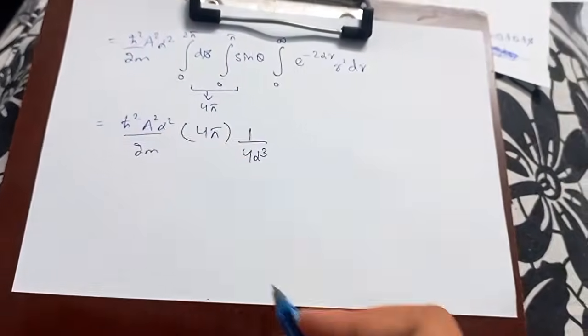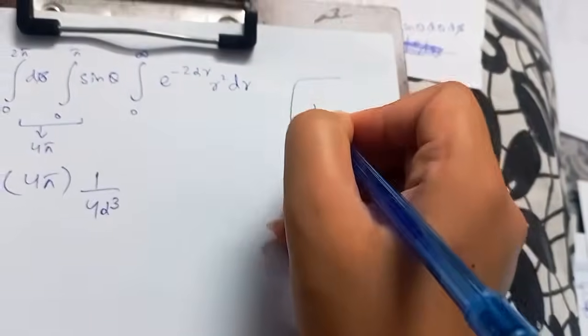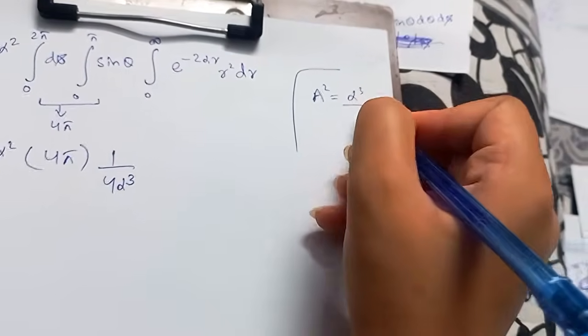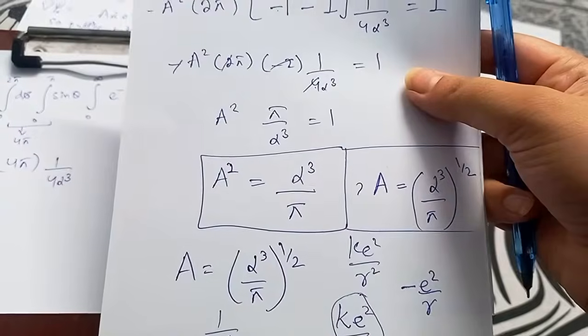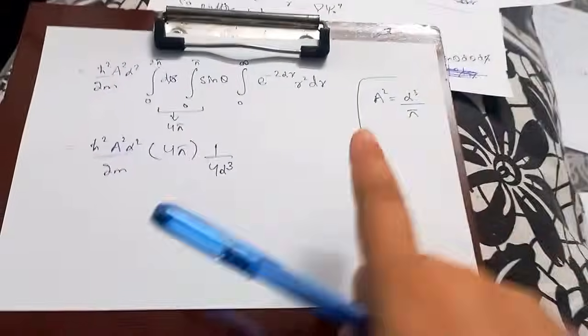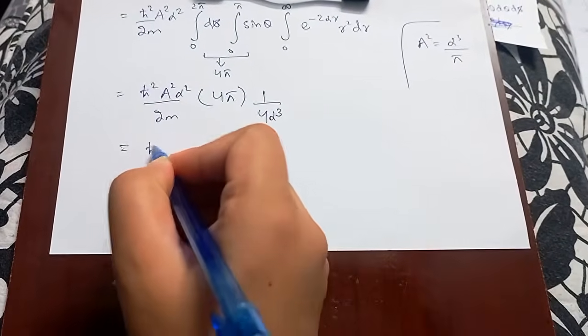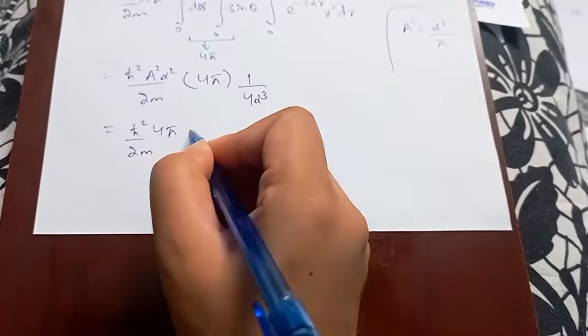And in place of a square I'm gonna put its value, which is, since a square was equal to alpha cube by pi, probably, let me see, yes, it's alpha cube by pi. Let's put alpha cube by pi in place of a square. H square by 2m. We'll cancel out other terms later.